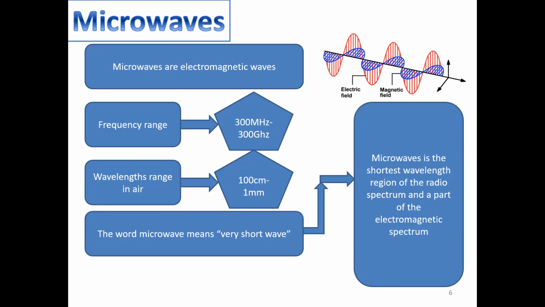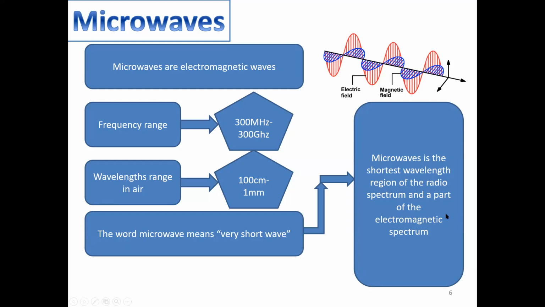If I ask you to define microwave, you will say that microwave is the shortest wavelength region of the radio spectrum and a part of the electromagnetic spectrum.